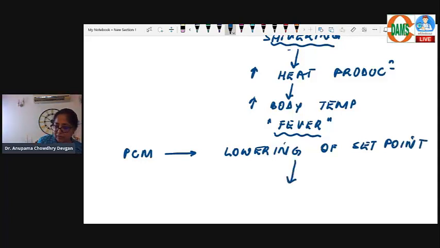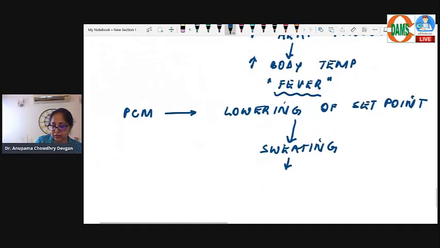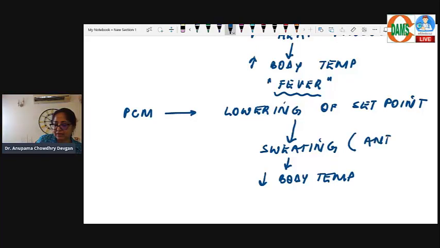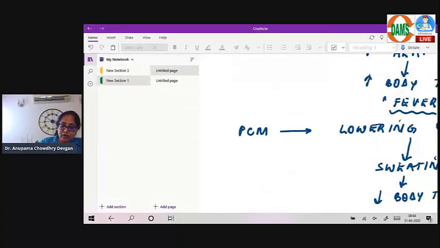So now sweating, which reduces the body temperature. Sweating would be anterior hypothalamus. So this is as far as your temperature regulation is concerned. Okay. All right. Let's have a look at the next one.